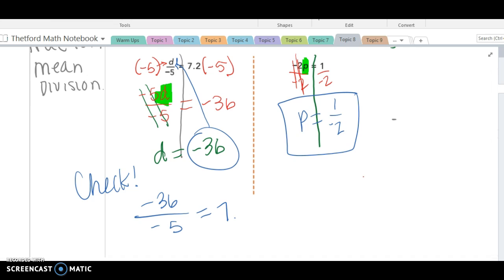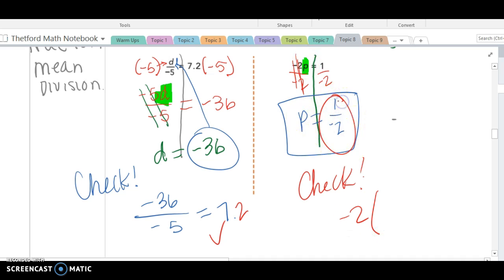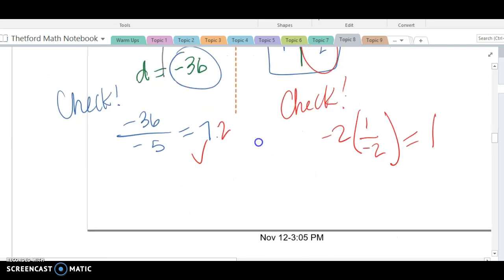So, you can check it over here as well. And so, I know that negative 2 times, I'm going to plug in 1 over negative 2 for my p, and that should equal 1.